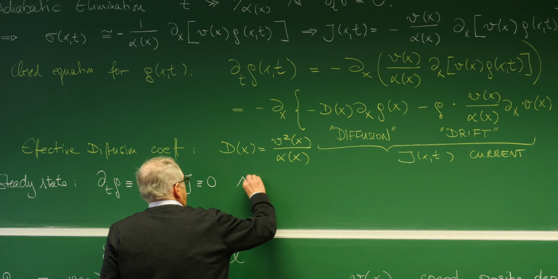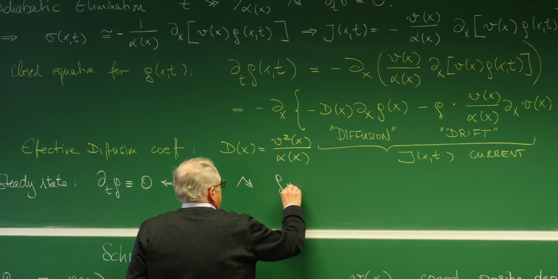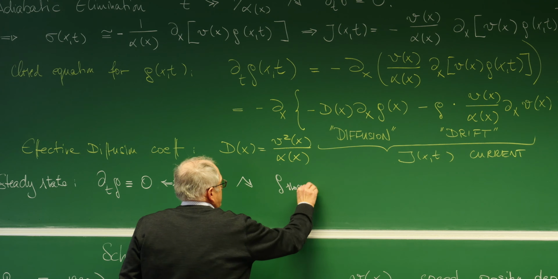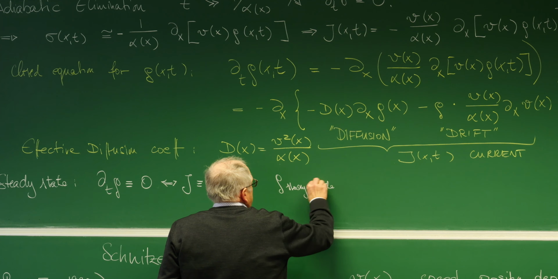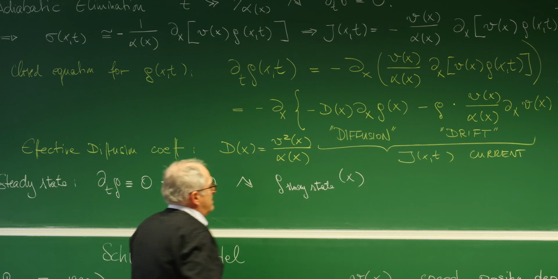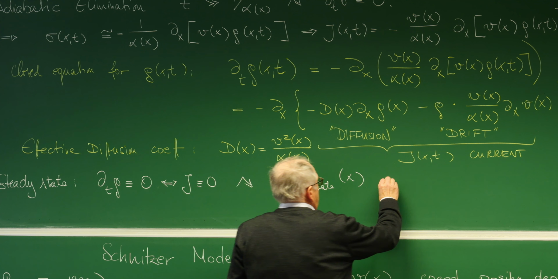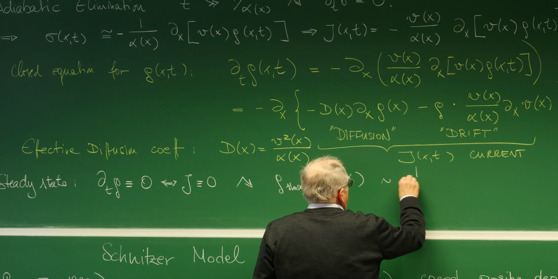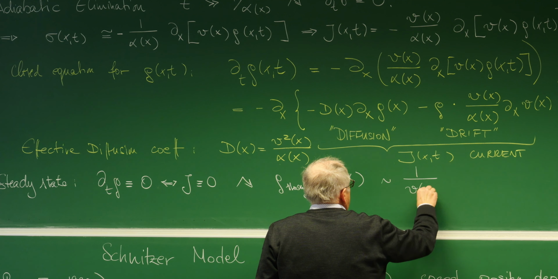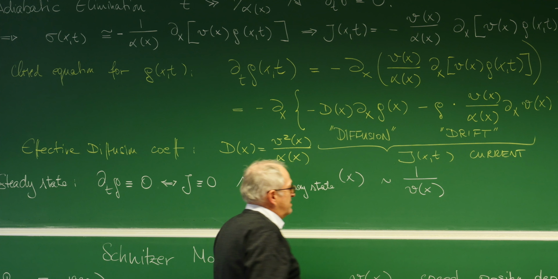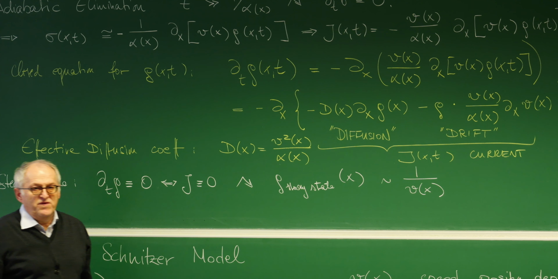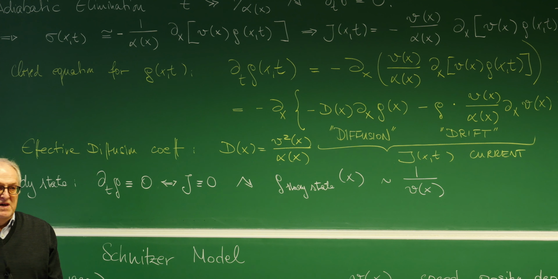And what you do get is that the steady state solution that solves that differential equation is such that, up to constants that I don't want to specify, this object is 1 over the velocity. And that means that things accumulate where they go slow.